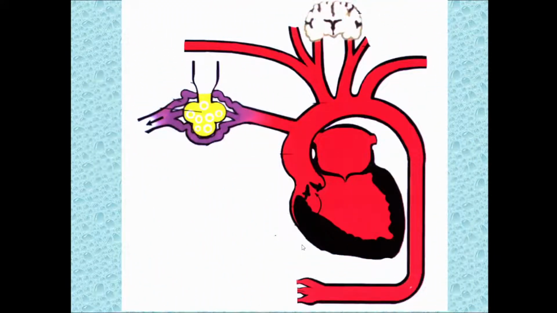Let's see the hemodynamics. If the aortic orifice is narrowed, to compensate greater circulation blood flow, the left ventricle must contract with more intensive force, which is possible due to its compensatory hypertrophy, which then finishes with dystrophy.